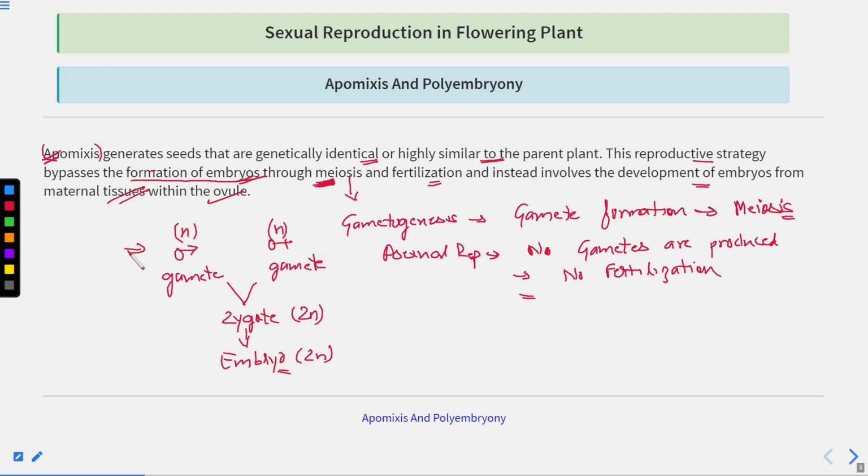So this happens during sexual reproduction. The normal embryos are formed like this. But during asexual reproduction or during apomixis, what is happening? The embryo is formed without forming these gametes. So no meiosis is involved here, and no fertilization is involved during apomixis. Clear?